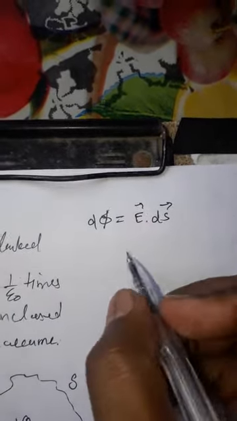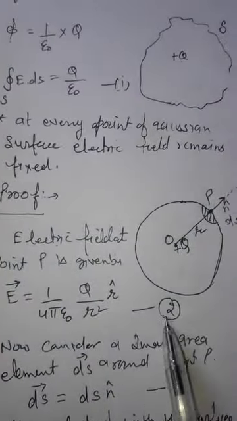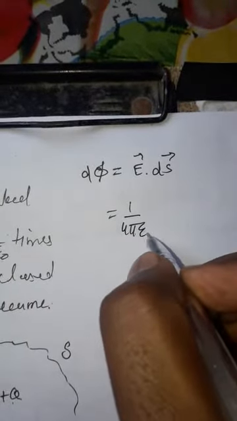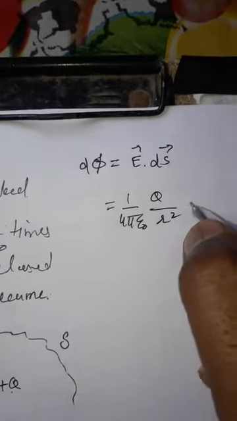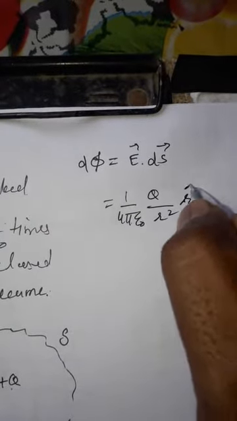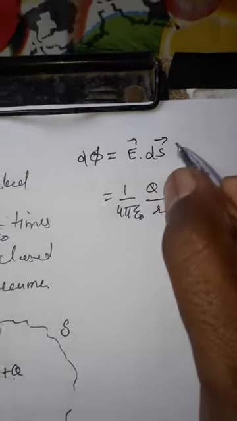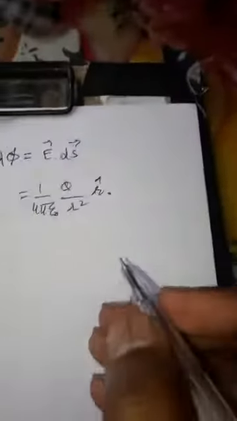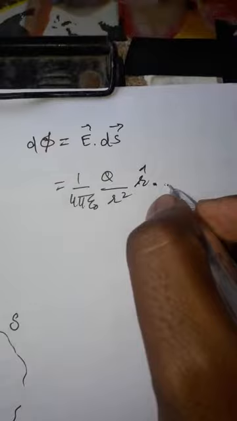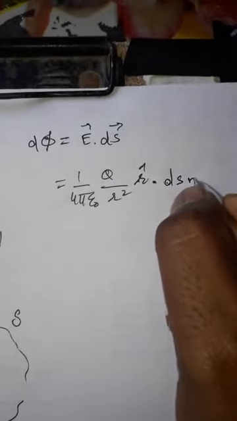The value of electric field is from equation second, so we can write 1 by 4 pi epsilon naught q upon r square into r cap dot ds vector, and from equation third, ds vector is ds n cap.